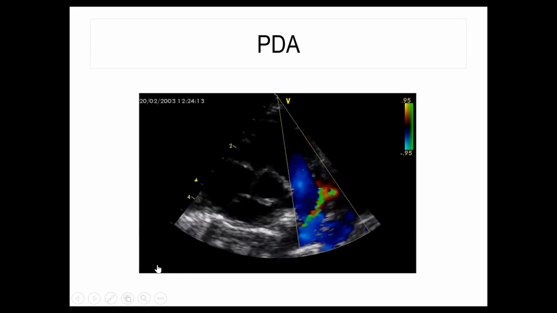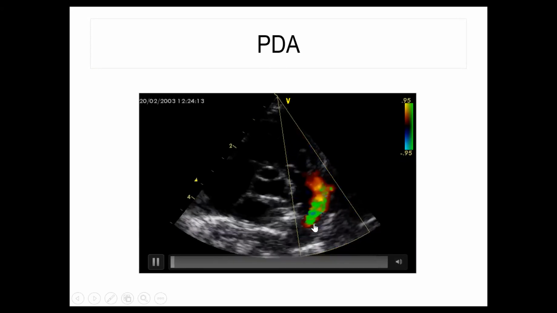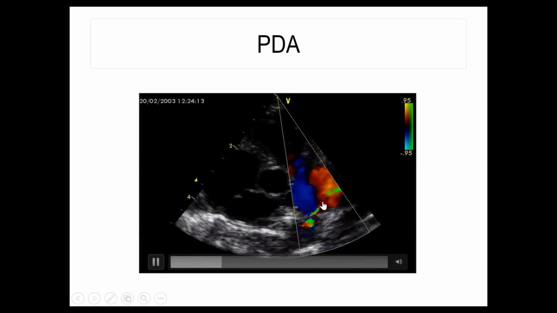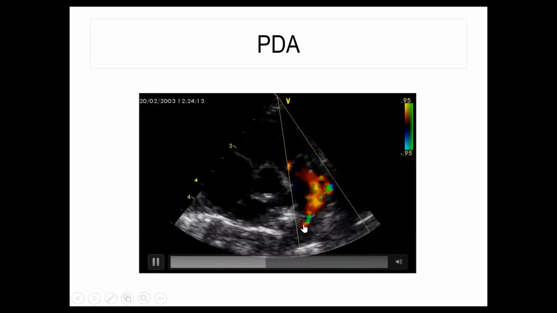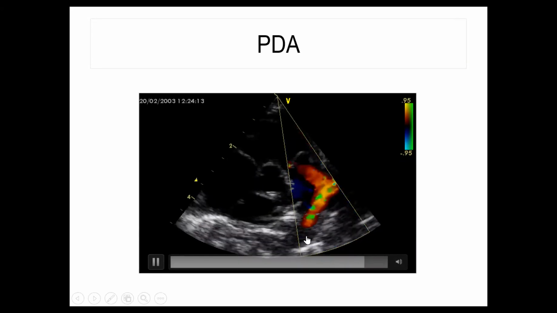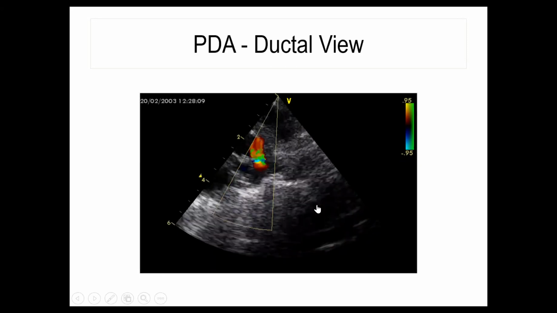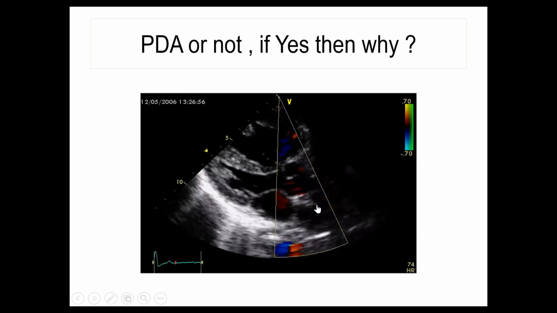So this is a classical PDA, short axis view at the aorta, and this is the descending aorta and left pulmonary artery. And there is a reversal through the ductus arteriosus from aorta to pulmonary artery. Clear? This is also the same ductus.